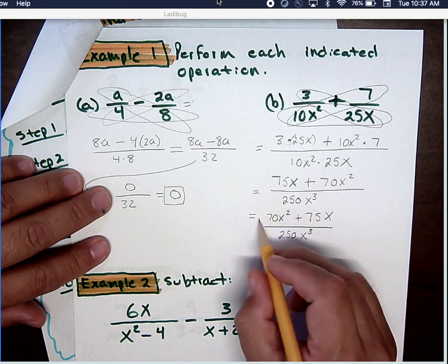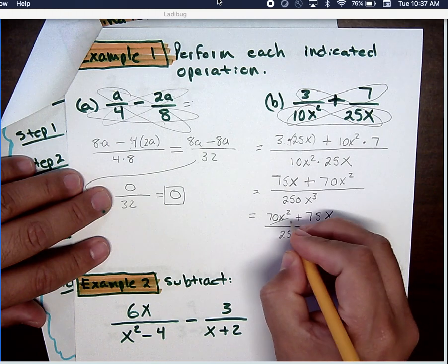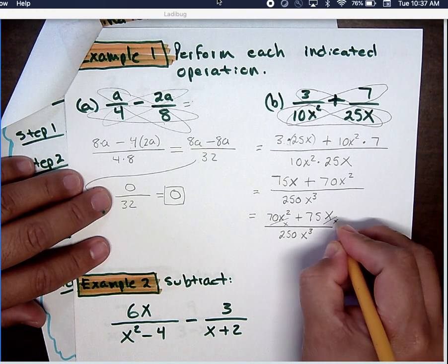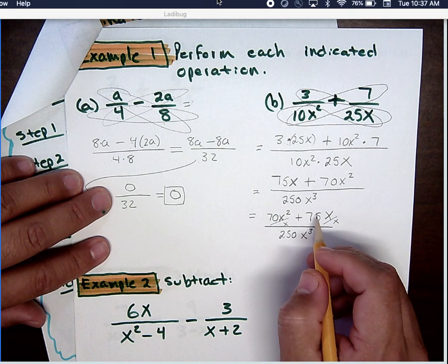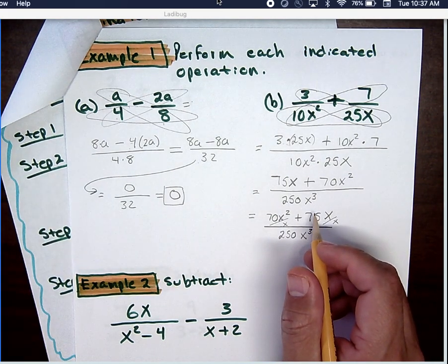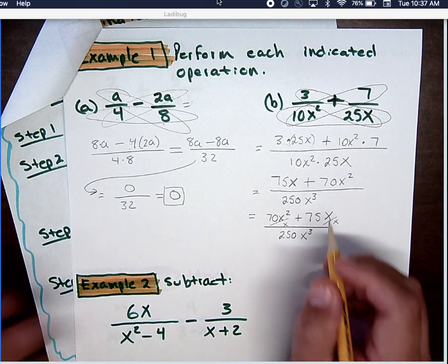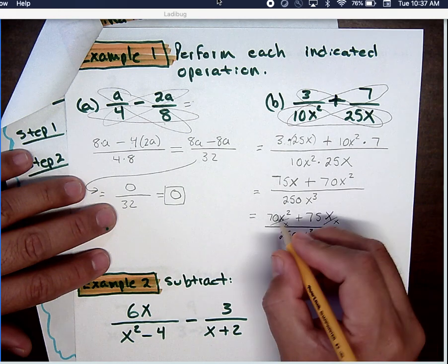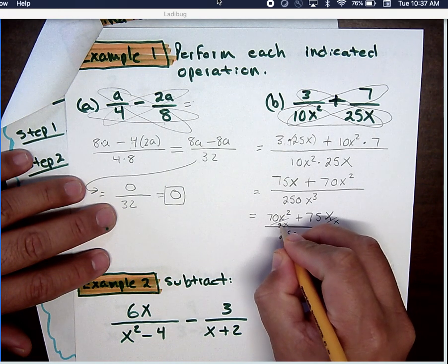So find a GCF, so x and x. And the number, let me see if they can GCF a number. I think we can GCF a 5 for sure.